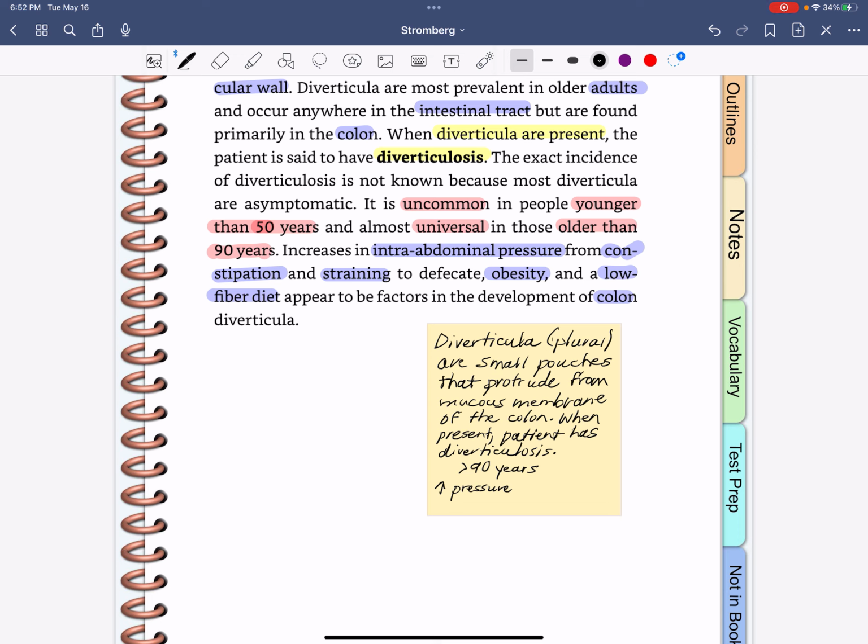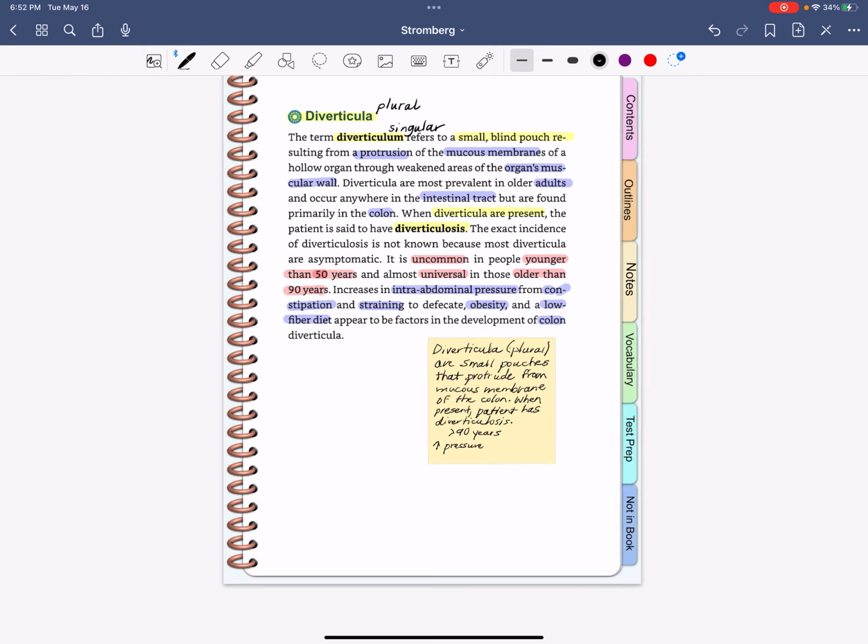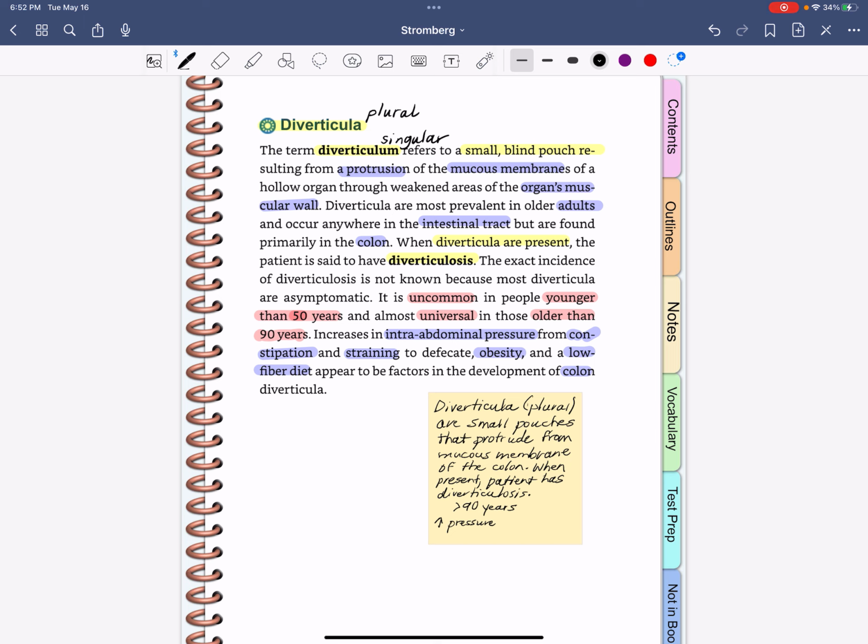It is going to be linked to constipation and straining for bowel movements, obesity, low fiber diets are factors in the development of colon diverticula. So this can happen in other places besides the colon, but this particular passage is focusing on colon diverticula. So any of those other details that you feel like you need to add, that's fine. But I'm happy with that. This is all I need to know. This is the bare bones for me.